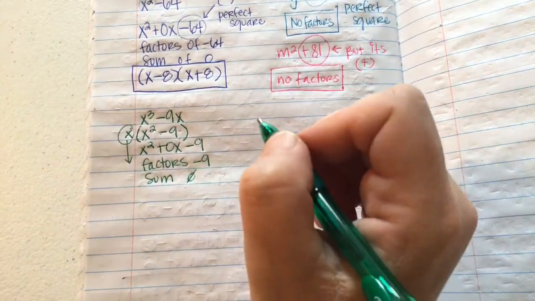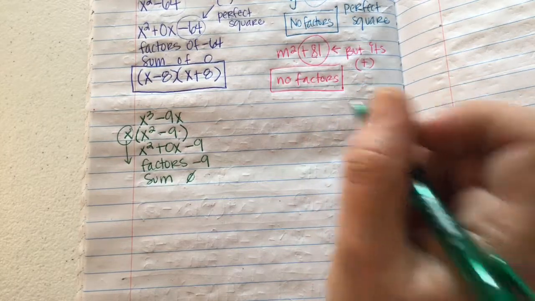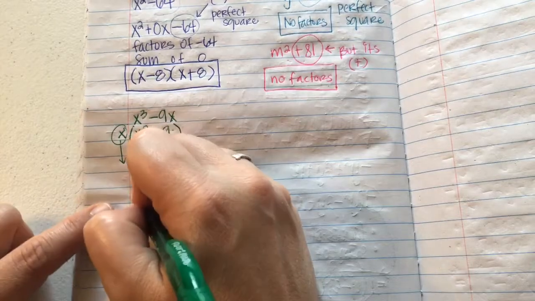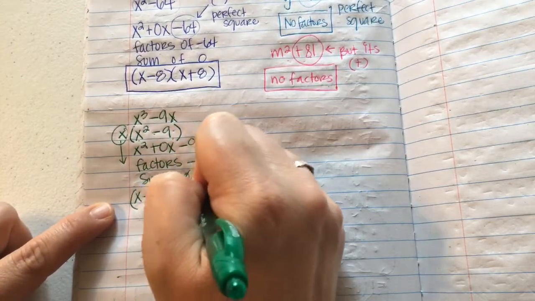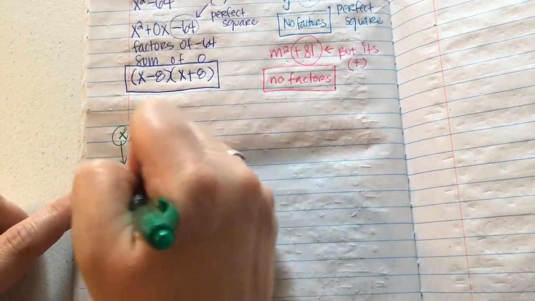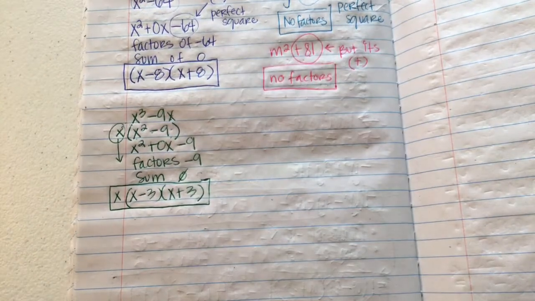What times what makes negative 9, but when you add it together, you get 0? Anybody? Have you thought of it? x minus 3 and x plus 3. And remember, I had a GCF at the beginning, which was the variable x. Beautiful.